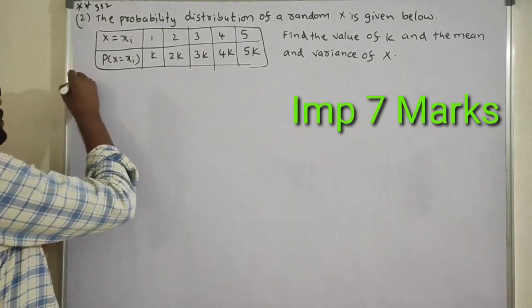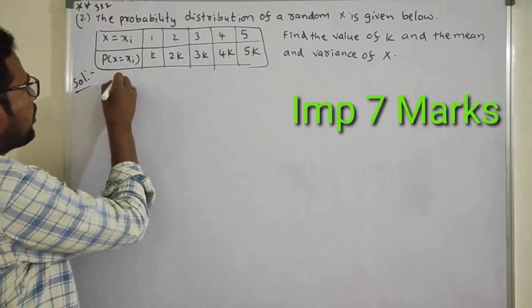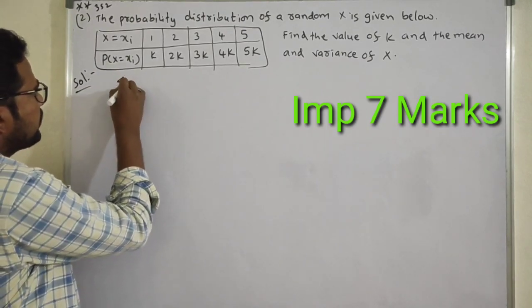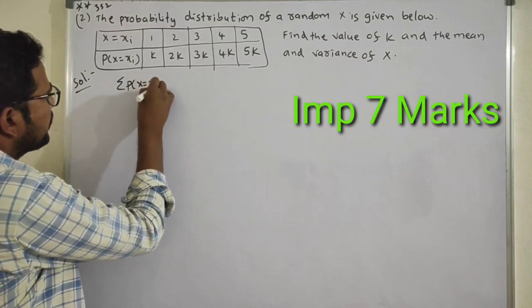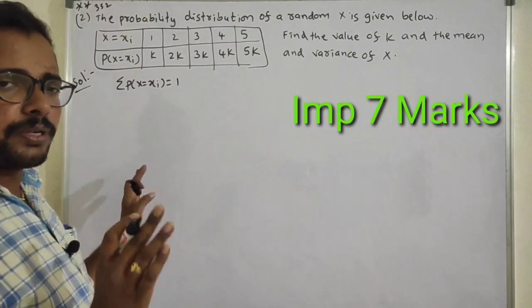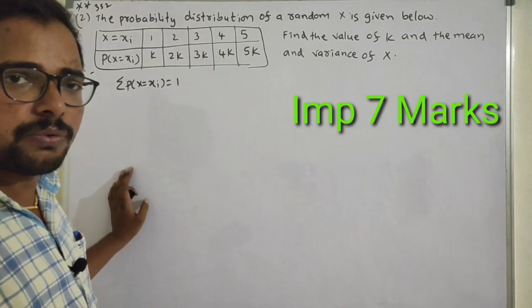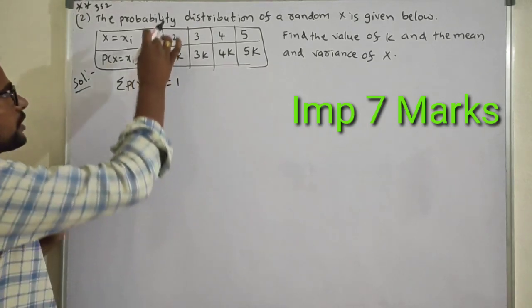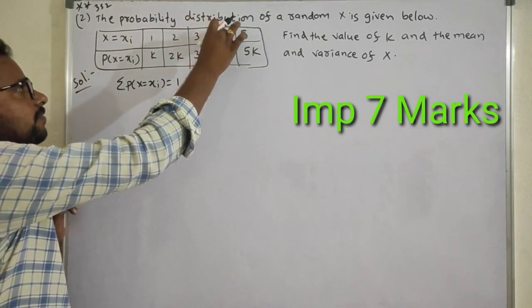So we know one condition. Sum of all probabilities p of x is equals to xi is equals to 1. Sum of probabilities of all the outcomes is equals to 1. So take this as x1, this as x2, this as x3, this as x4, this as x5.